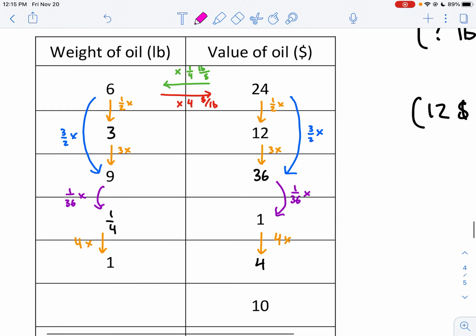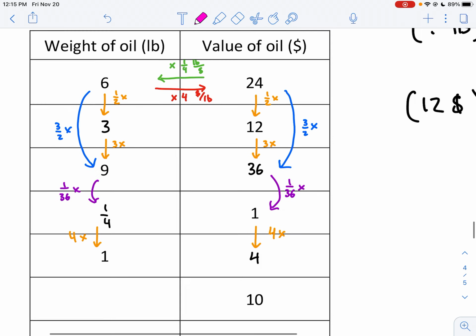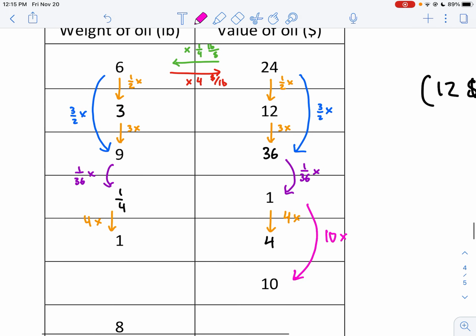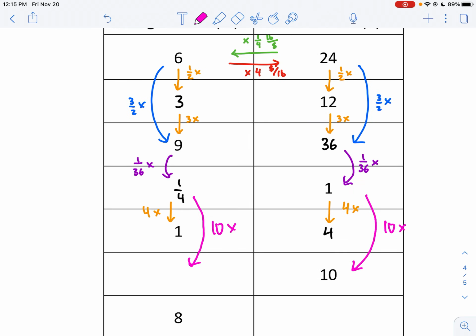For example, what if I want to now do, okay, how much oil can I buy with $10? Well, start with the 1 and scale that. It's easy to scale 1 into 10. Right? So to do this scaling, I would do 10 copies of 1. We'll do the same scaling right here. Do 10 copies of a quarter.